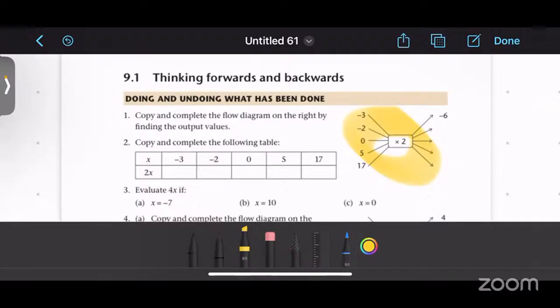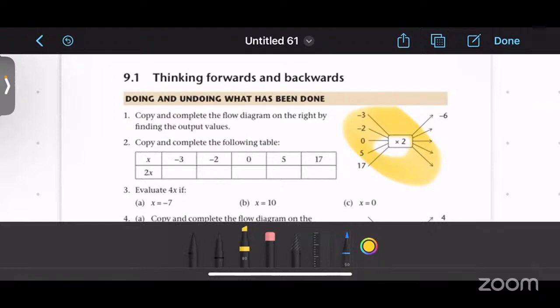Do you see that? Yes, ma'am. So the first one says -3, -2 being the second one, 0, 5, and 17. All of those you're going to multiply by 2 to get the output values.